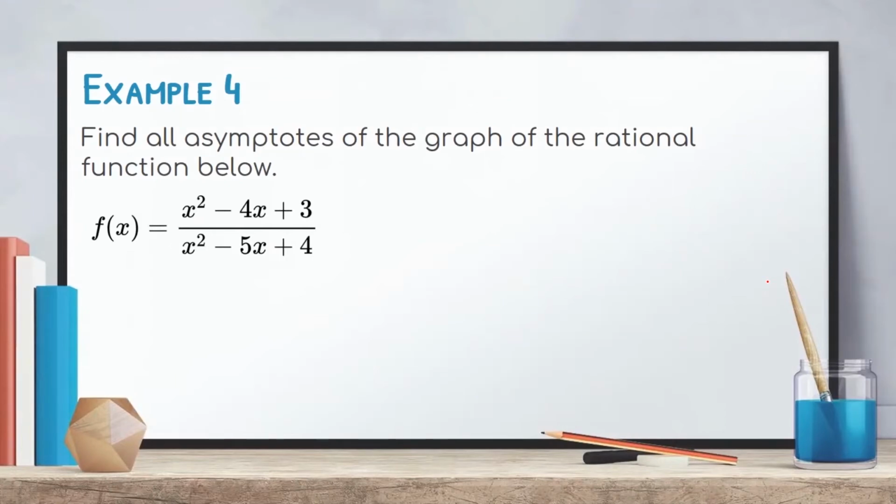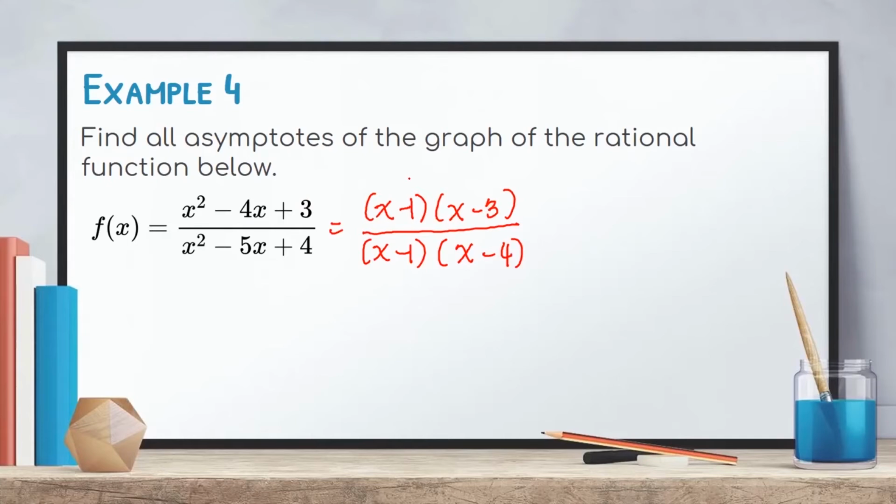Here, notice that we can still factor the numerator and the denominator. Therefore, we will have x minus 1 quantity x minus 3 for our numerator and x minus 1 times x minus 4 for our denominator. If this is the case, then there is a common factor. It means that the graph has a hole.